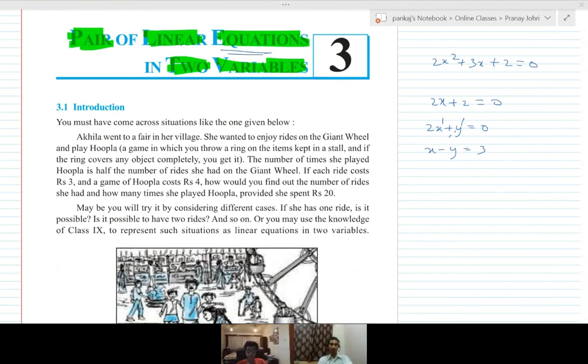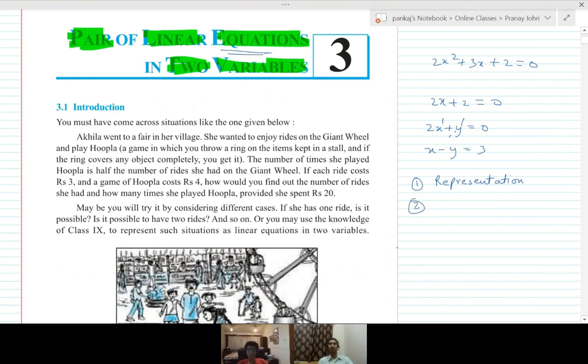So hope you got the word by word meaning and the gist of that. Now these are the topics we'll be studying. First, the representation. How do we represent this? Suppose twice the number of chocolates and thrice the number of toffees costs us 10 rupees. How do we represent that?